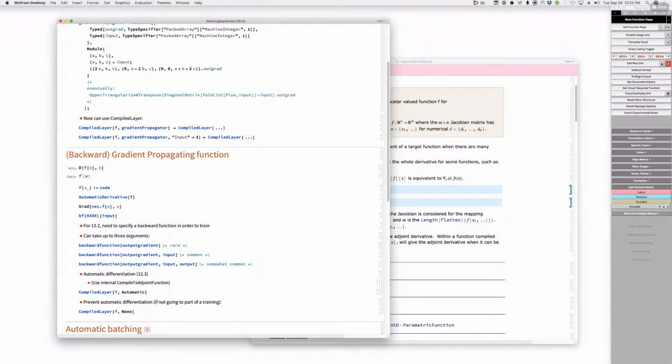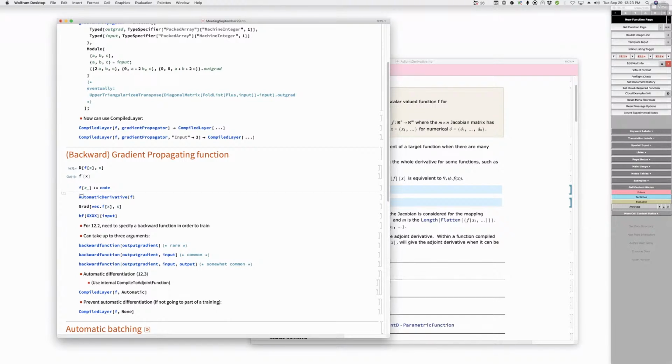But the question is, can we compute f prime given this definition? Now, what would be our language way of representing that idea of computing f prime? That's exactly what this adjoint derivative and directional derivative things I have are for, a language representation for those.